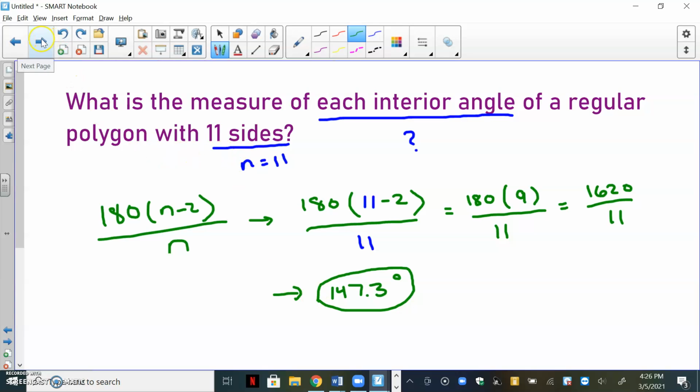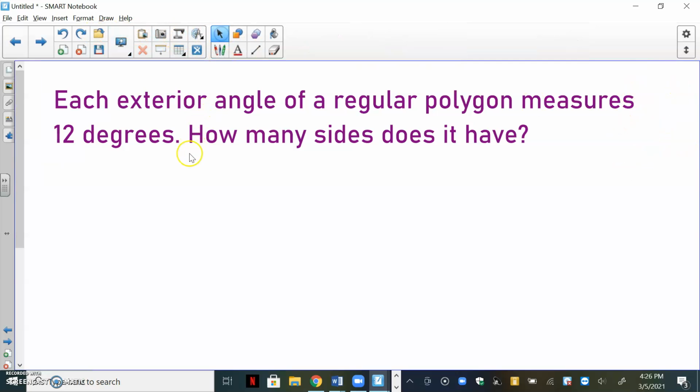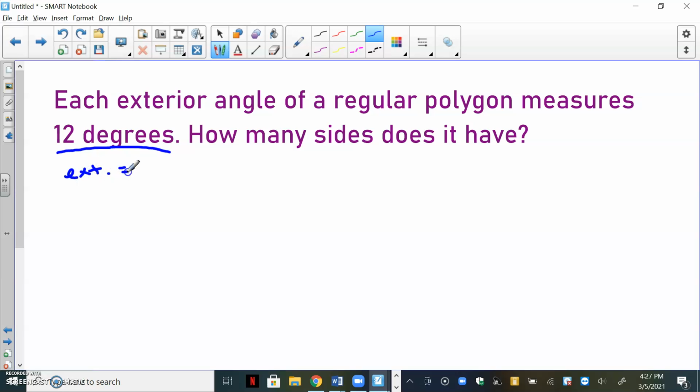All right, onwards to the next. Each exterior angle of a polygon measures 12 degrees. So we know that our exterior angle is 12 degrees. How many sides does it have?